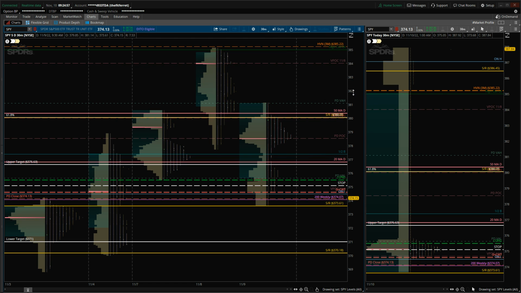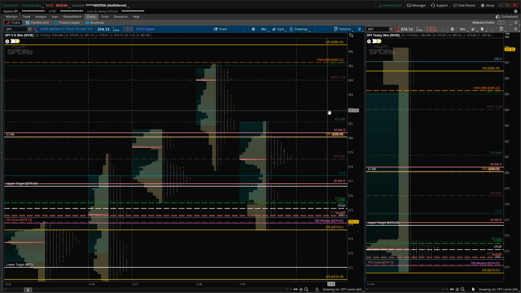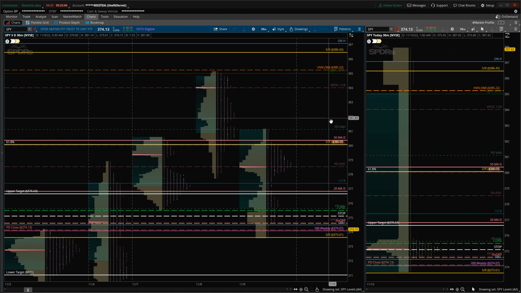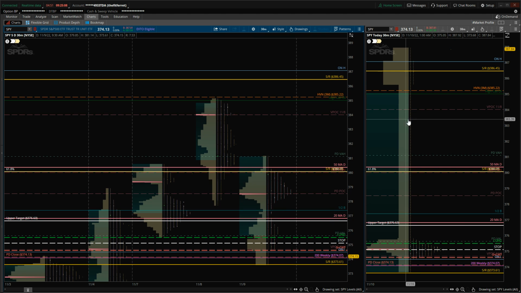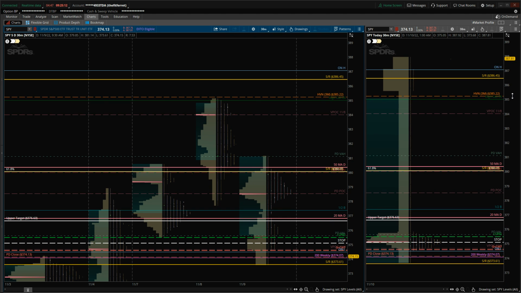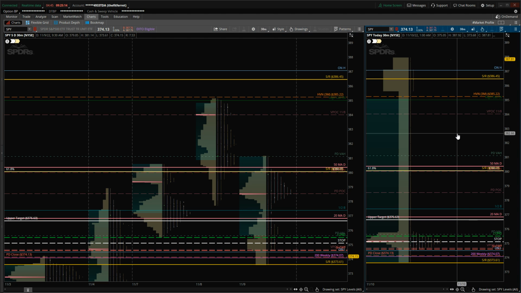But anyways, what I had done is situate this so it was all lined up and the price axis was the same, so that way you could get a better read on how everything moved. So there we go. That looks decent.